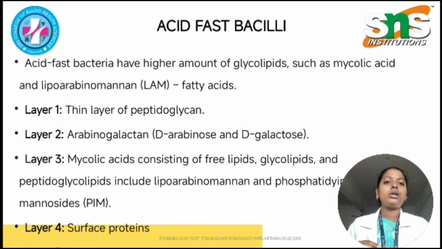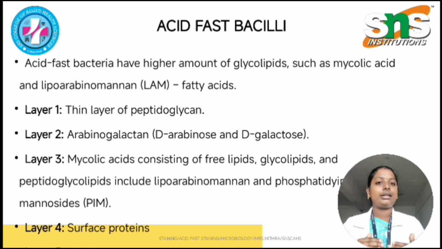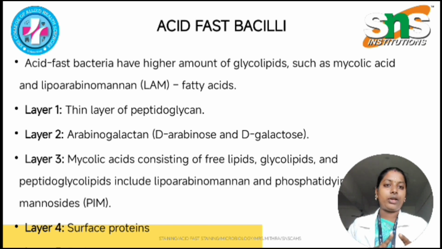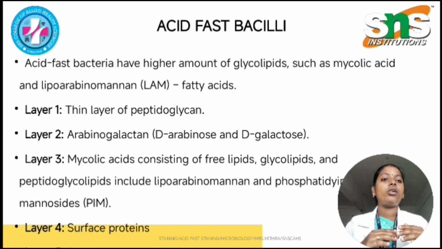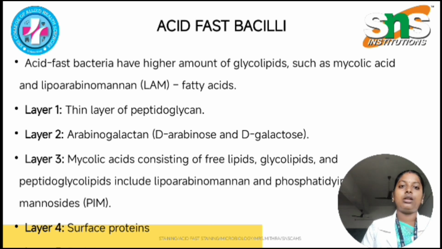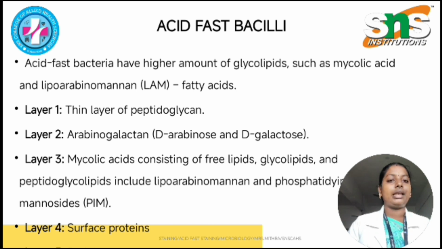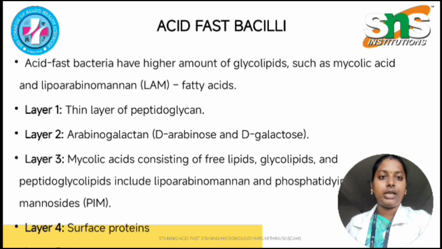Layer 2 is the arabinogalactan layer, a combination of arabinose and galactose, which are sugar molecules. Layer 3 is mycolic acid, and it contains lipoarabinomannan and phosphatidylinositol mannosides, that is PIM. Layer 4 is surface proteins, and layer 5 is the periplasm region.